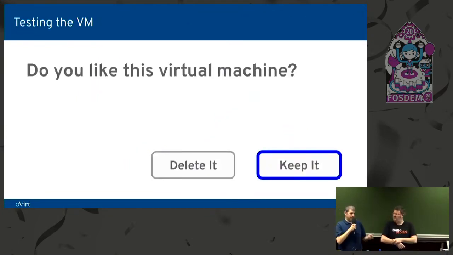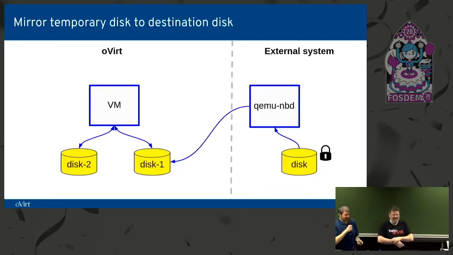Okay, now we need to decide whether we want to delete or keep the VM. Do you want to keep or delete? By raise of hand, someone? Good enough. Let's keep. If we want to keep it, we just need to mirror the temporary disk to the destination. We do this by using live storage migration, which is a feature we already have.